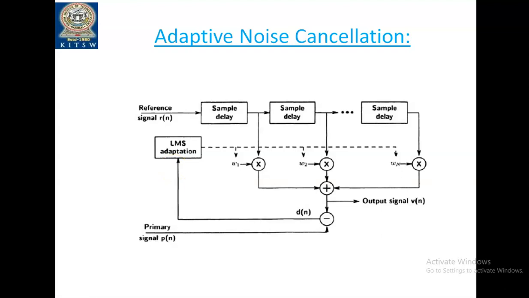So we use the LMS, least mean square, adaptive filter to update the coefficients of the filter, in such a way that it gives the output signal V of n, and make sure that this V of n signal is the enhanced speech signal.